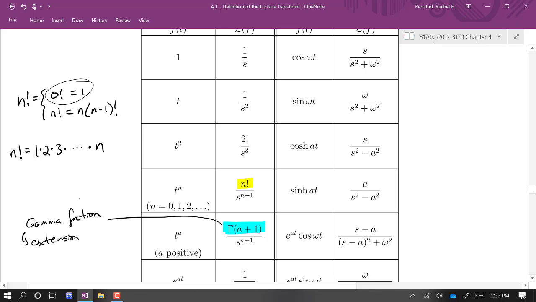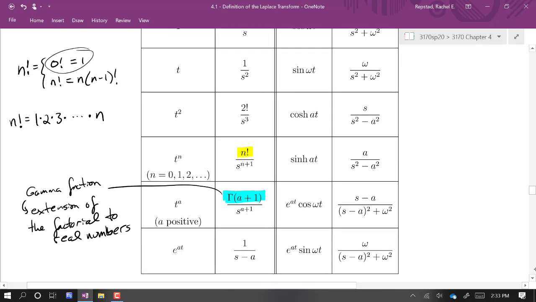So this idea of n factorial is obviously only defined for integers, but the gamma function is a way that mathematicians try to extend that notion to apply to all real numbers and not just the counting numbers. It probably won't come up in any of the applications that we see, but you will see it in basically every table of a Laplace transform.